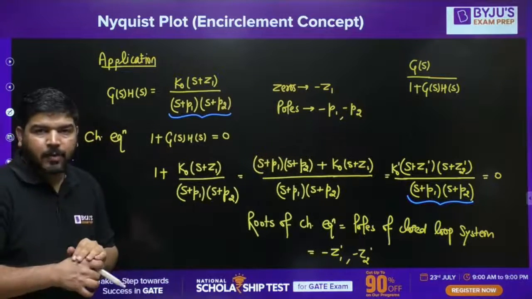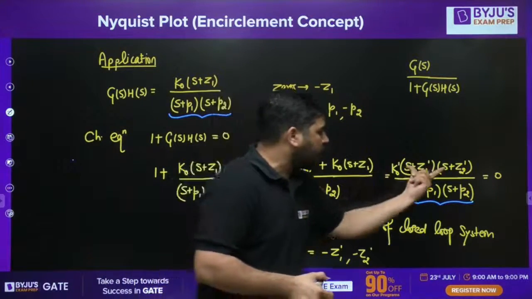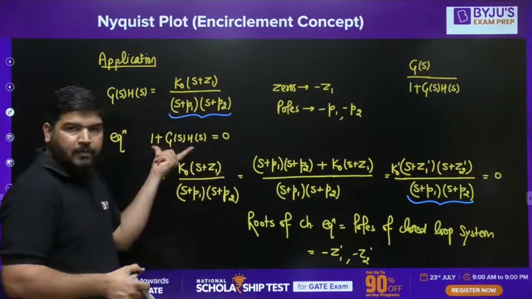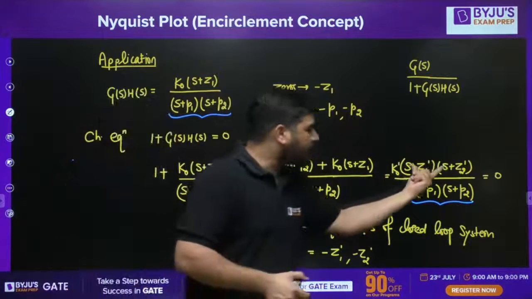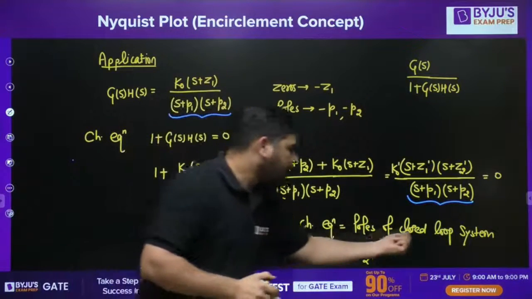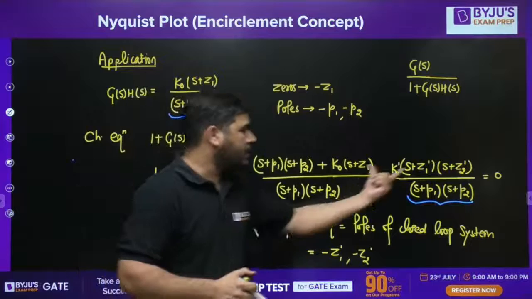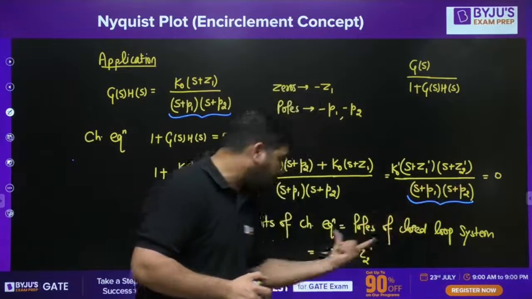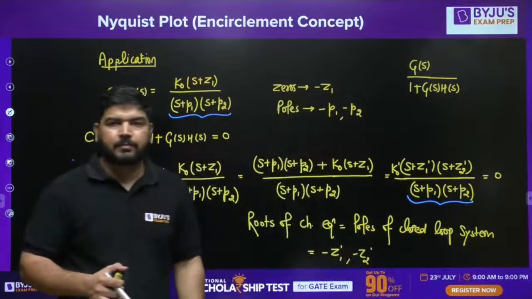Now there is one interesting point. That point is the zeros of 1 plus G(S)H(S) are actually the poles of the closed loop system.